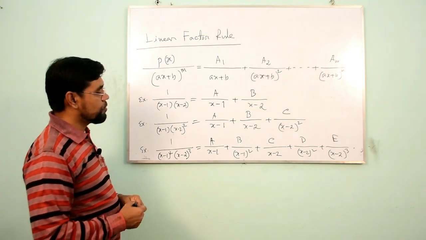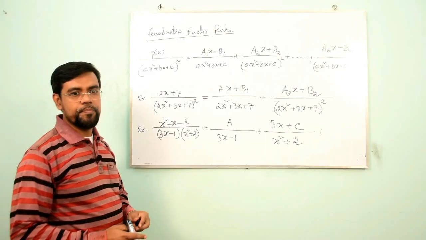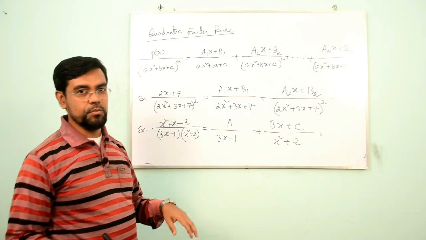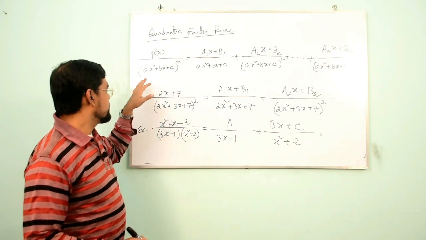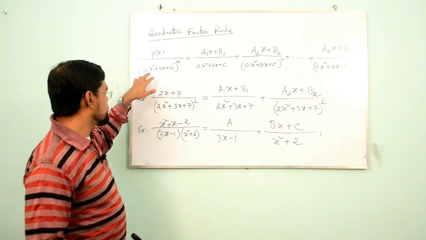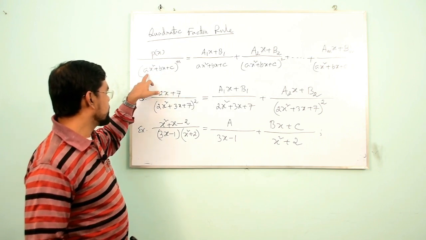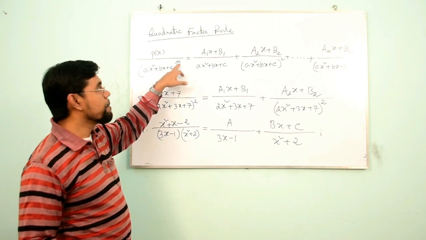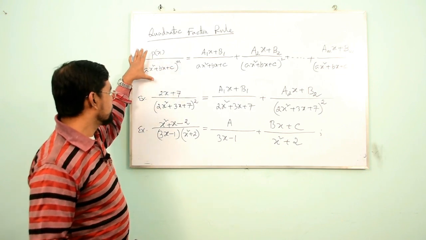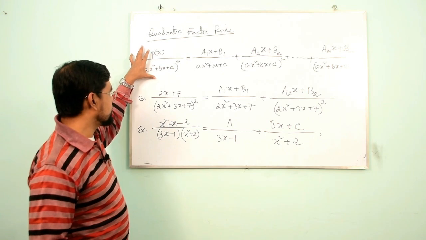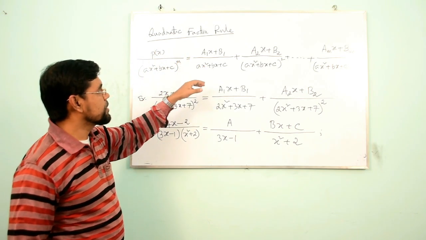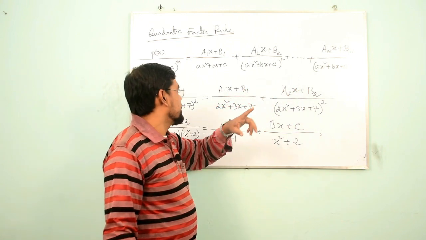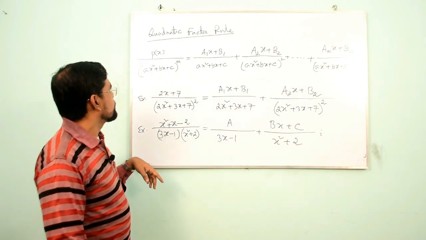How about the quadratic factor rule? Let us try to understand it. A quadratic factor means a quadratic expression (x² + bx + c) raised to the power m. For this single fraction, the partial fraction decomposition contains m partial fractions.